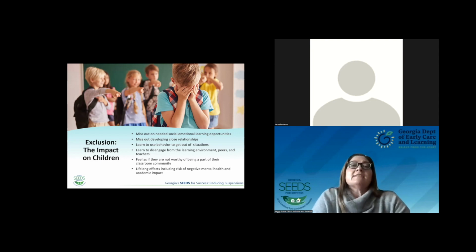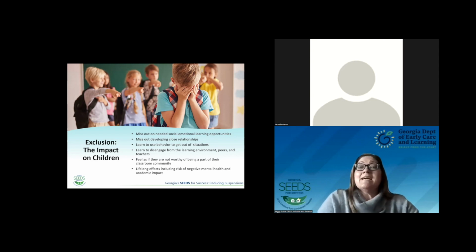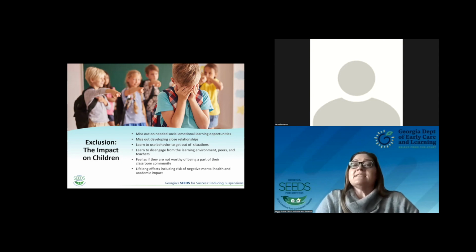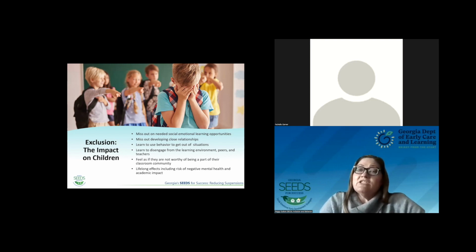So exclusionary practices prevent children and families from accessing those high quality learning settings. When children are not in the classroom, they're often missing out on needed social and emotional learning that would help support the skill practice needed for them to master classroom expectations. Children miss out on developing close relationships with their teachers. And when children are excluded from their classroom environment, they learn to use behavior to get out of situations that are unfamiliar or unpleasant to them.